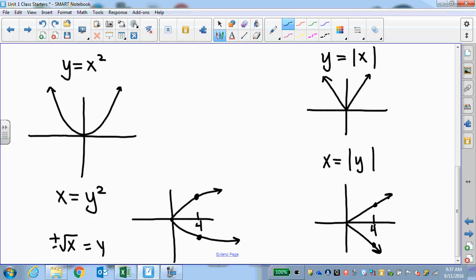We can say that an equation represents a function if y does not have an absolute value or an even exponent.